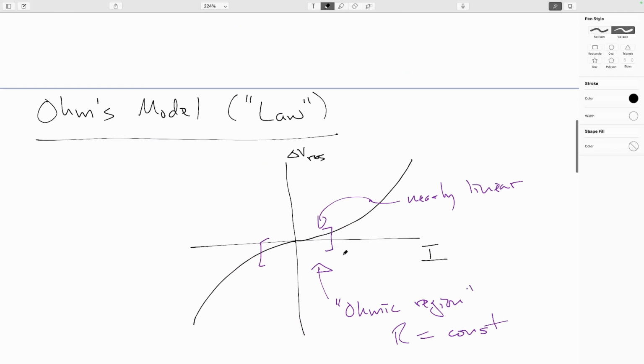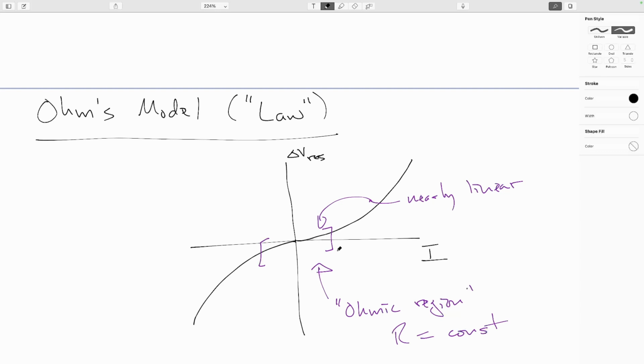The more current I have going through, the more frequent the collisions, the hotter the material gets. That's going to make the atoms that are being collided with vibrate more aggressively. And so it's just like a guard in basketball who's busy jumping back and forth side to side to make it harder for a player to get past them.